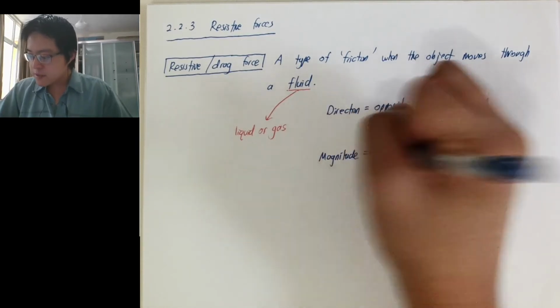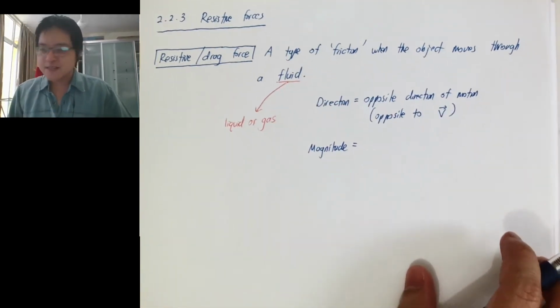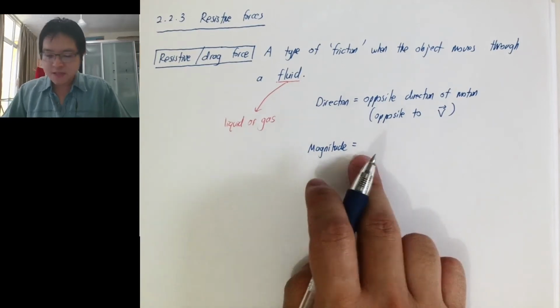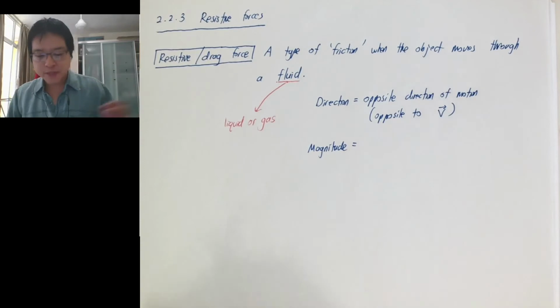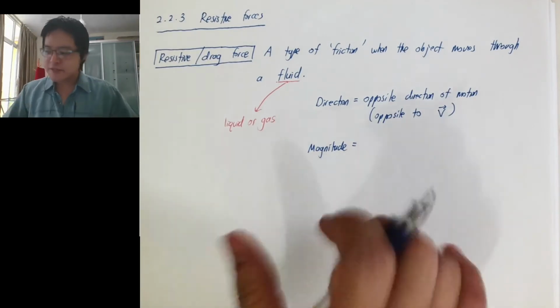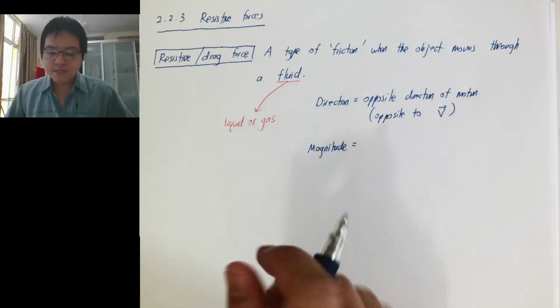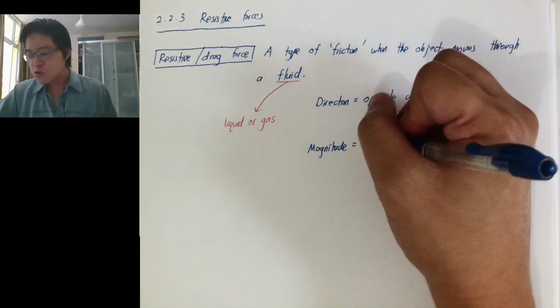Again, for this course, we are not focusing too much on fluid mechanics. Fluid mechanics is one big topic, so for our purposes, it's enough to give you two situations.